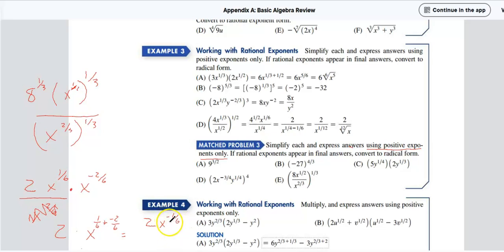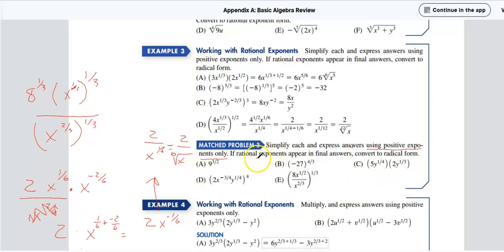Can't have the negative 1/6, so I'm going to bring that to the bottom. So my final answer would be 2 over x to the 1/6, or in other words, 2 over the 6th root of x.